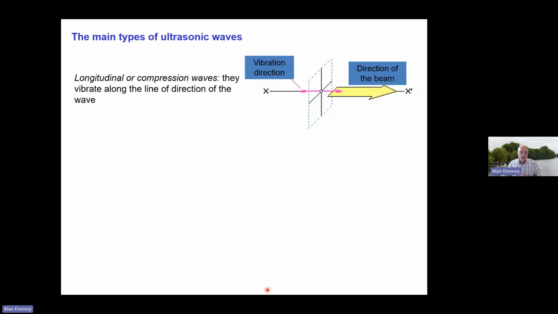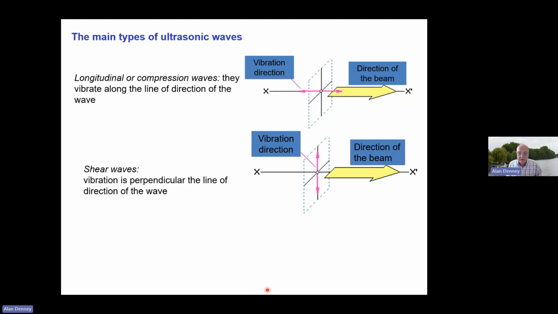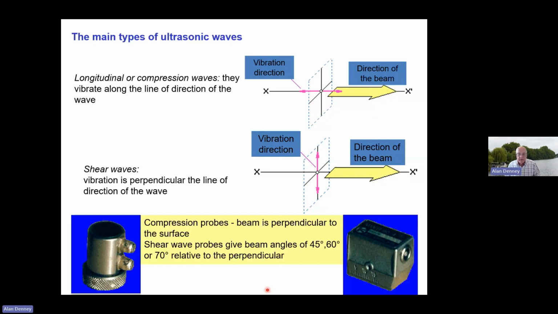But then you've got shear waves, and that's where the direction of vibration is perpendicular to the direction of the beam. And they behave differently, and all the physics and inspection technology accommodates that, takes that into account. And we've got two types of probe then. We've got the compression probes, which you've seen, and then you've got these shear wave probes.